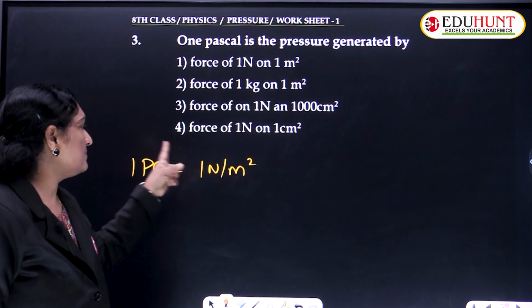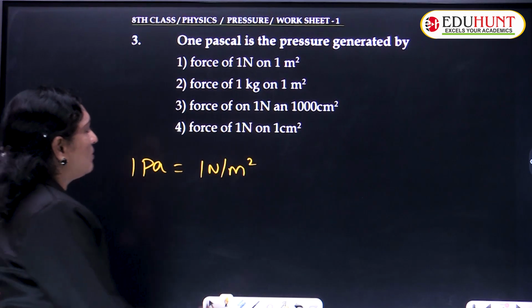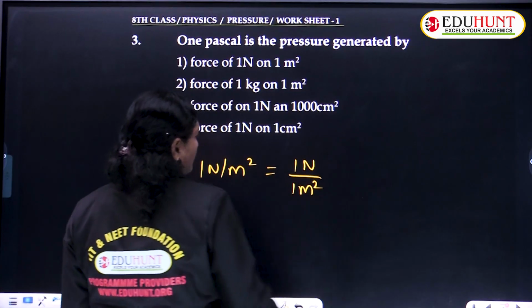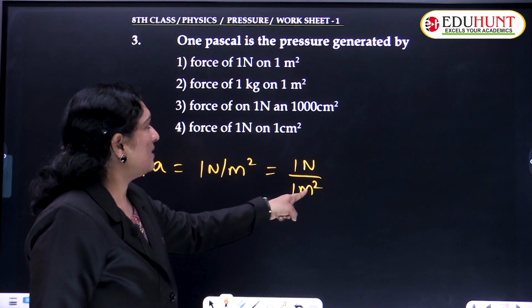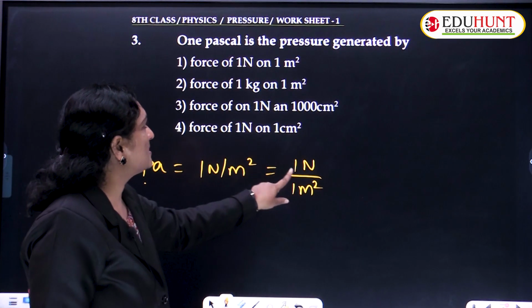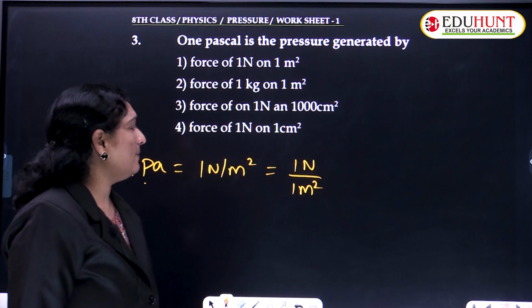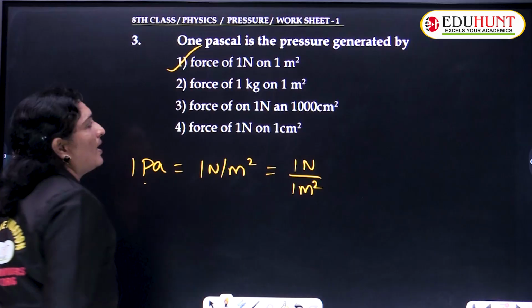It can also be written as 1 Newton upon 1 meter square. So 1 Newton is the force, whereas 1 meter square is the area. So 1 Pascal is the pressure generated by a force of 1 Newton on 1 meter square.